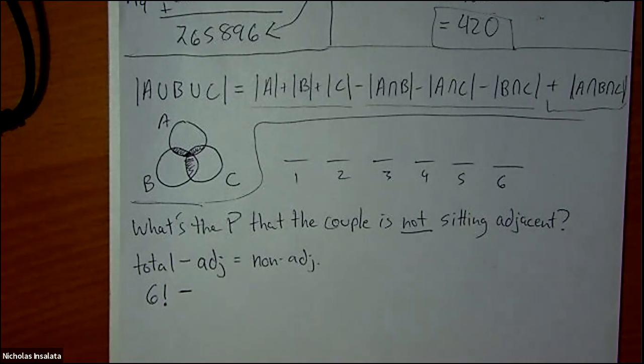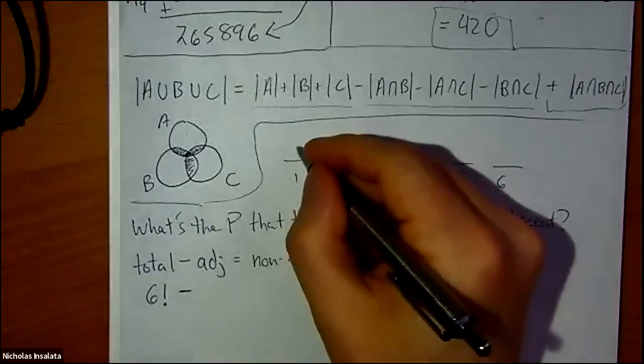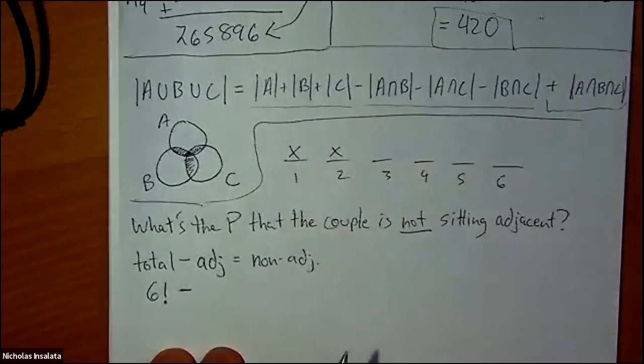6 choose 5. Okay, so why would that be, Sean? The couple acts like a single unit. Okay, sure. So you're only picking maybe it's 5 choose 5. You still have 6 slots, but it's like having 5 slots and 5 things to pick from. Okay, so you have the married couple sitting sort of like here and here is one option, right?